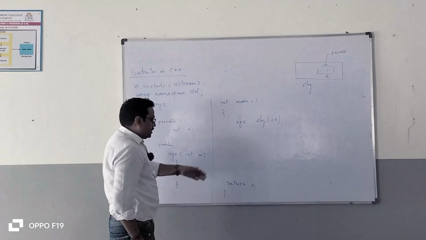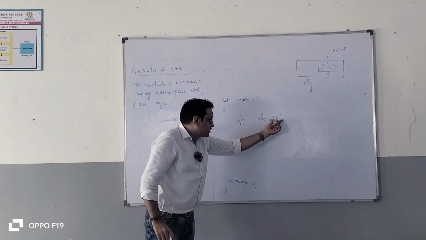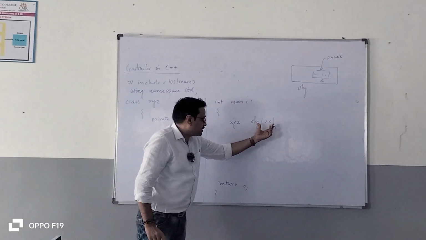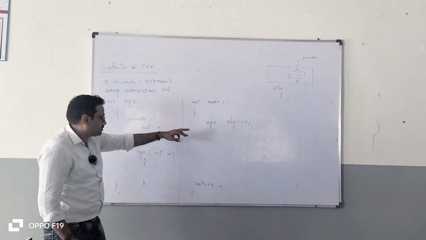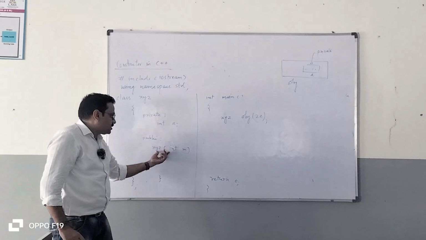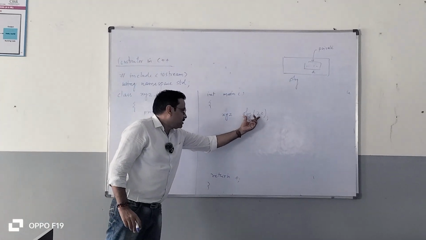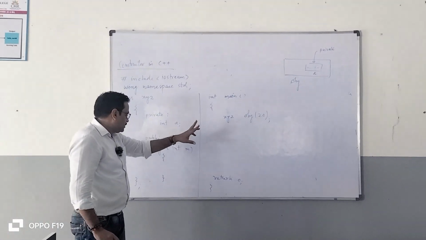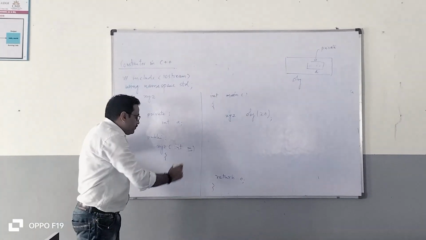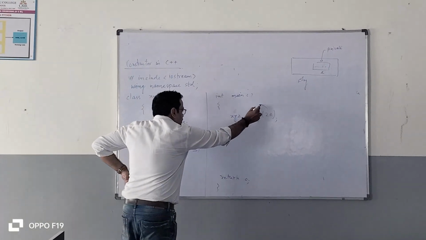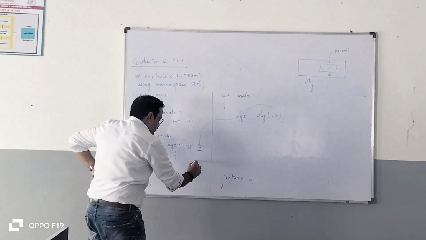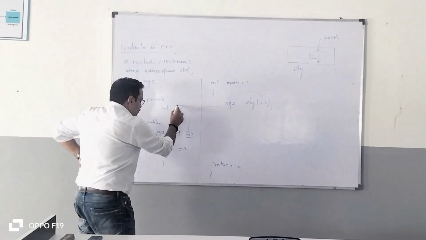Now look here, during the creation of the object, we are passing 20. 20 is an integer. Automatically the constructor will be invoked by its nature, and the control will be going to the constructor. This value will be transferred from here to this m. Now this constructor is compatible with this object definition. Now the 20 will come into this m, and as and when this 20 will come into this m, I will be assigning the value of m to this a.